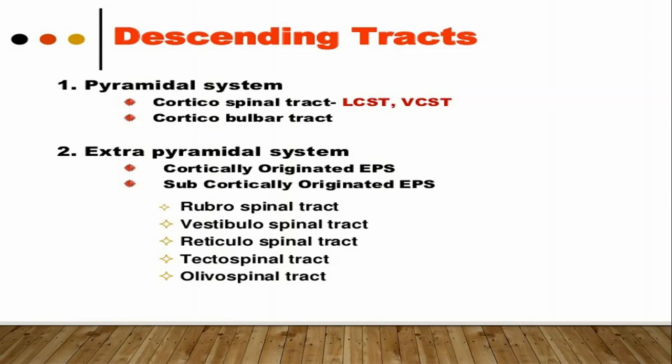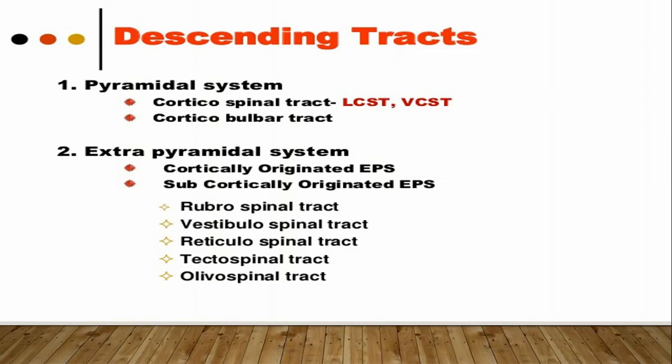But in the modern classification, according to Berne, they are subdivided under the heading of lateral system and medial system. The lateral system consists of the lateral corticospinal and corticobulbar tracts and the rubrospinal tract.